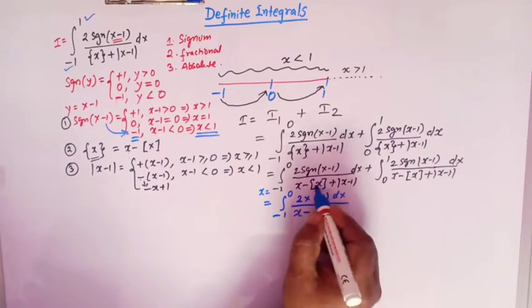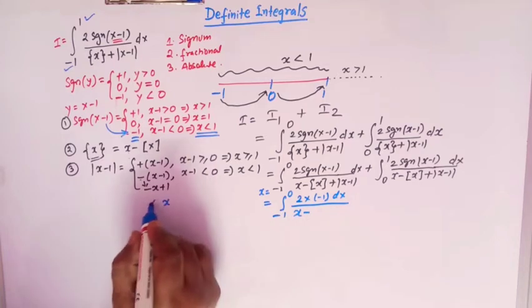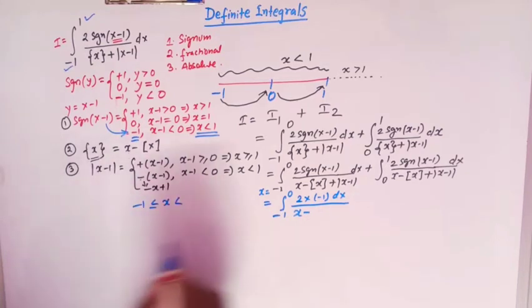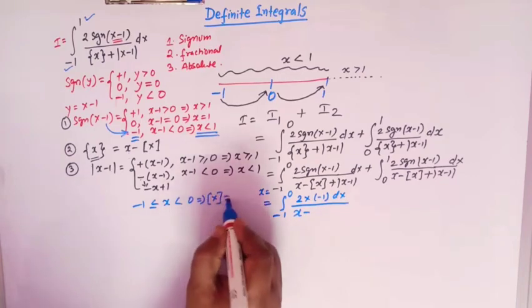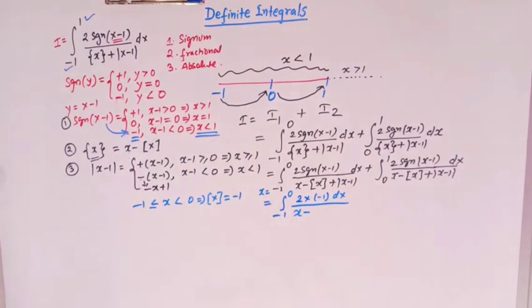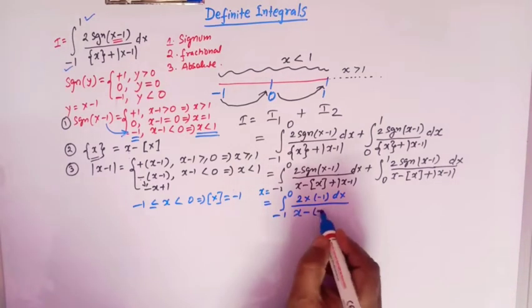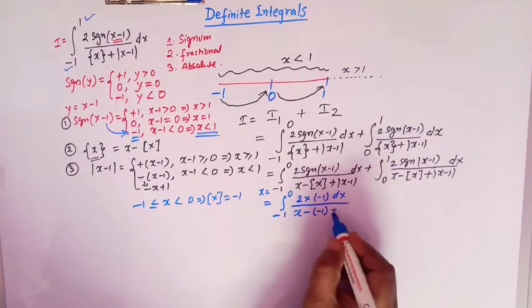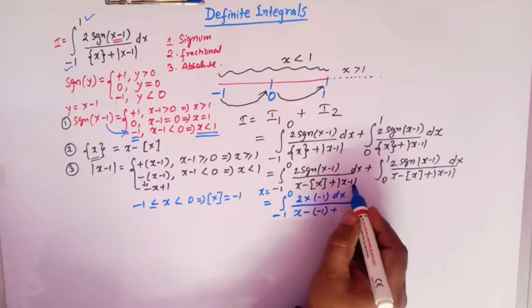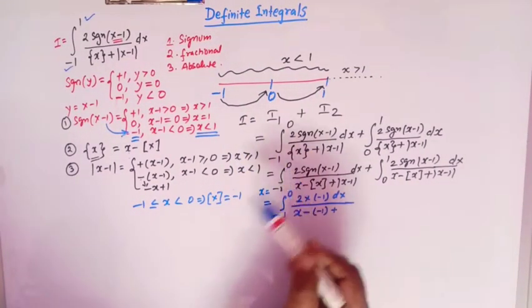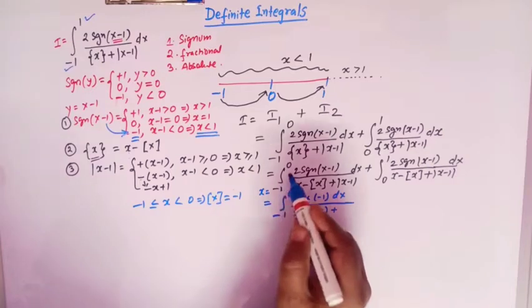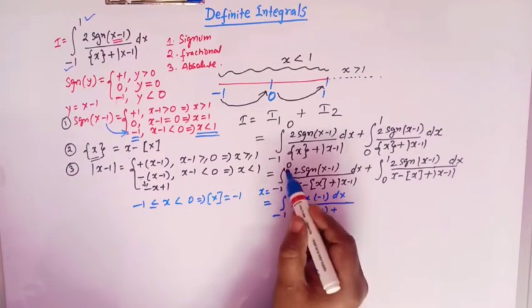Now see here we have greatest integer x, and when x lies between -1 and 0, then the value of greatest integer x is equal to -1, right? So here we have -1, and for mod of x minus 1, we have the lower limit and upper limit as -1 and 0.